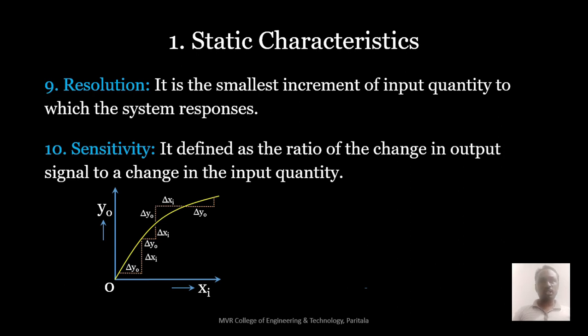Otherwise it cannot show. That means the ratio of input change to output change is different at 0 to 20, and similarly at 200, 400, 600 and 1000. So even though it has non-linear characteristics, we have to consider a few linear characteristics based on the curve.